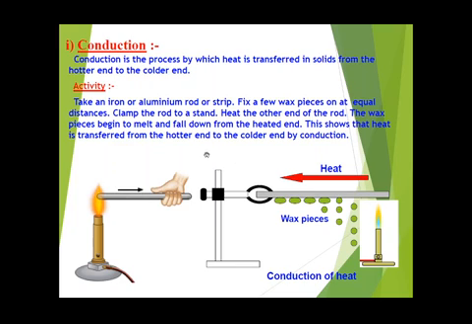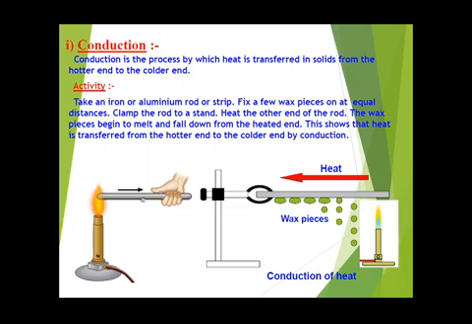Suppose you are holding an aluminium rod, and then you place certain wax pieces on this rod. You place certain wax pieces at equal distances on this rod, and you clamp this rod to the stand. And then we will start heating the rod from one end.